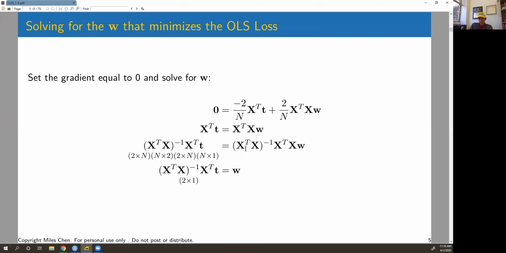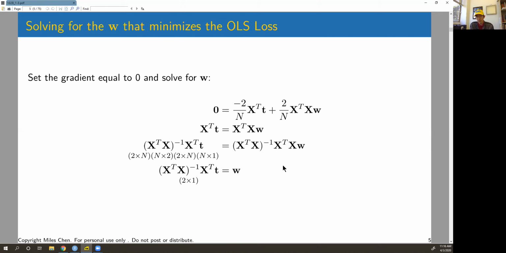And so I have X transpose X inverse times X transpose t. Over here on the right hand side, I have X transpose X inverse multiplied by X transpose X. When I multiply X transpose X inverse times X transpose X, they multiply into the identity matrix, which is basically the matrix equivalent of a 1.